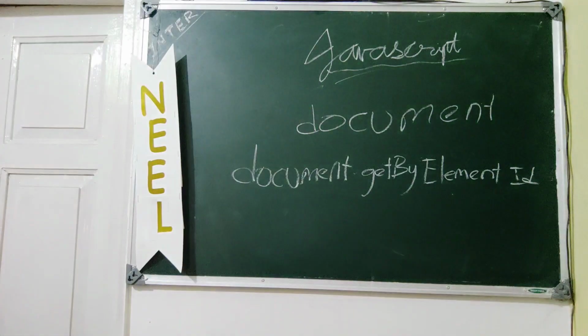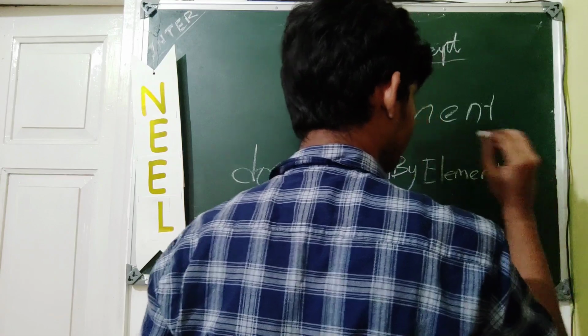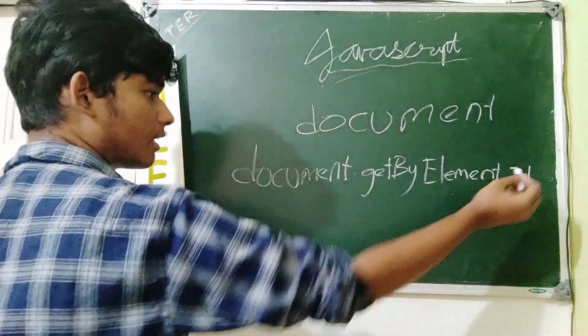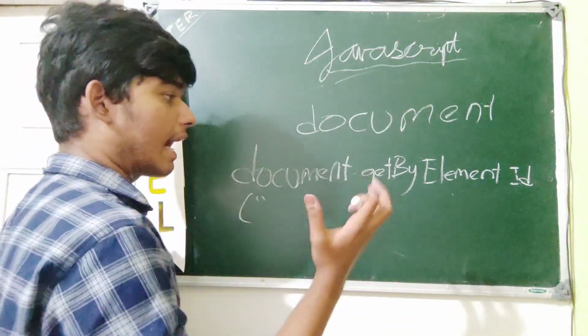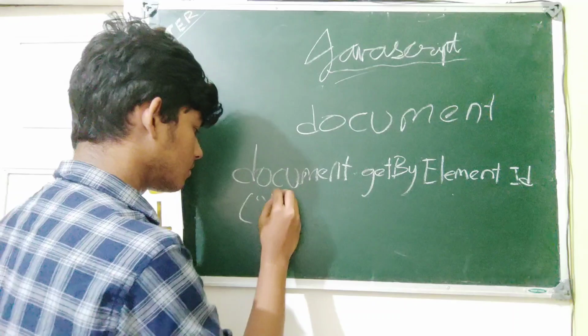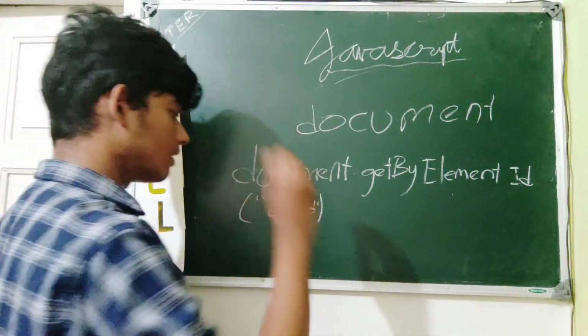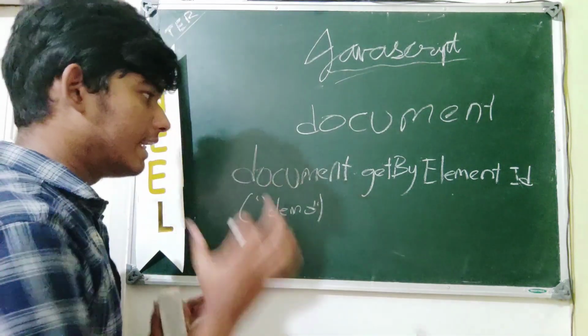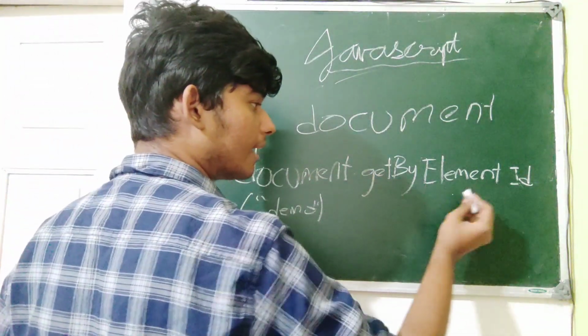Let us take my eraser real quick. ID, and you can write curly brackets if there is no place. Let us assume that the ID is demo. So what we have done here is, since document is public, we wrote get element by ID.